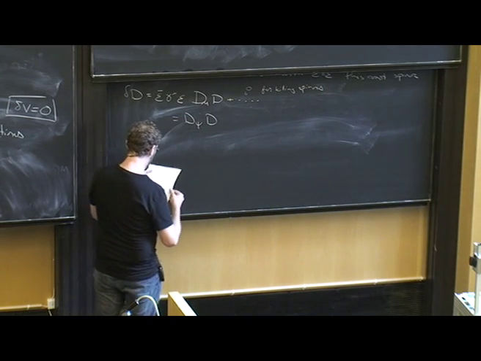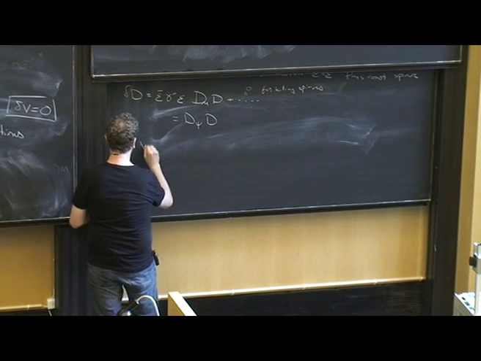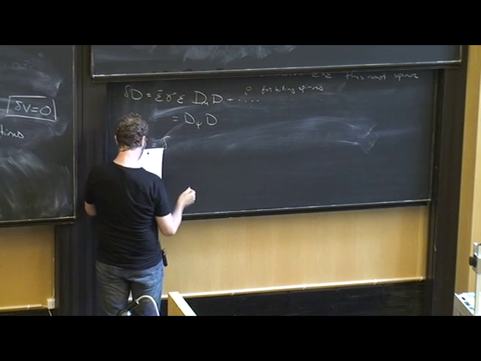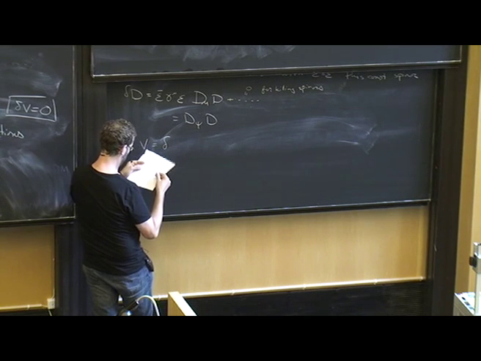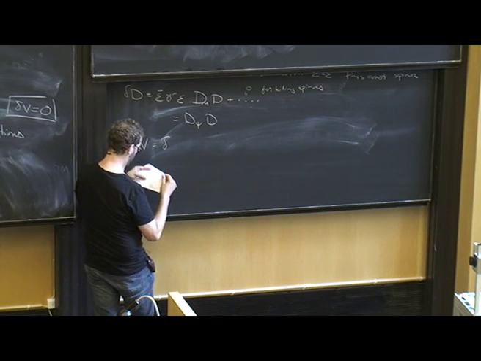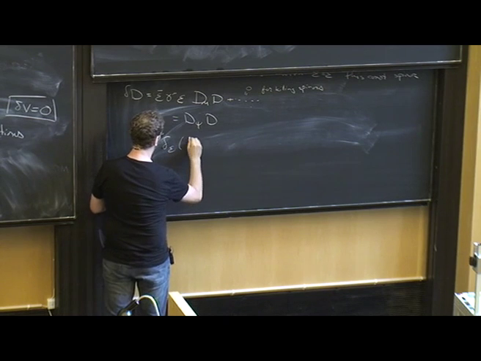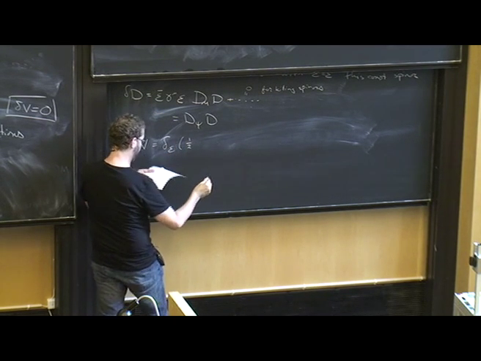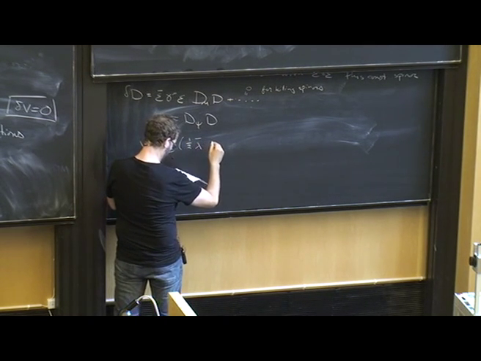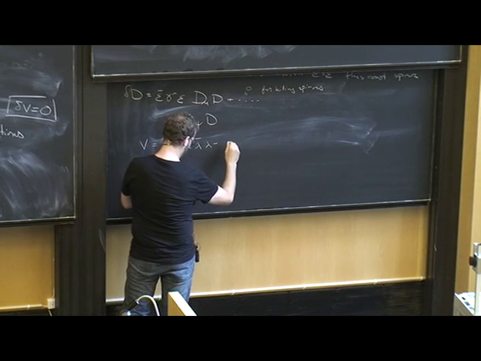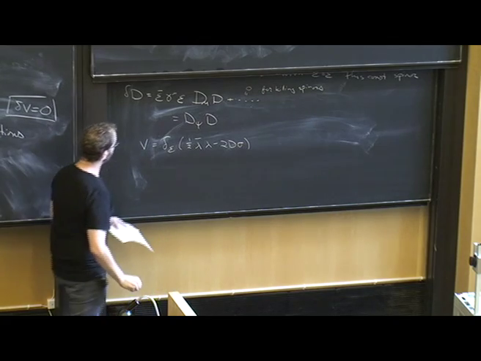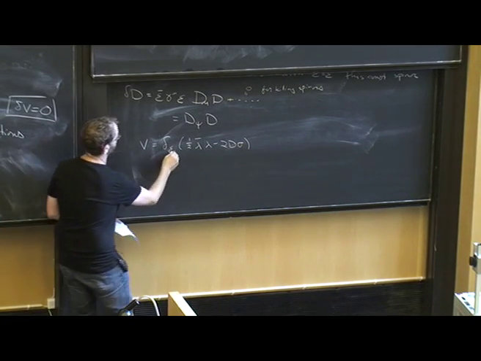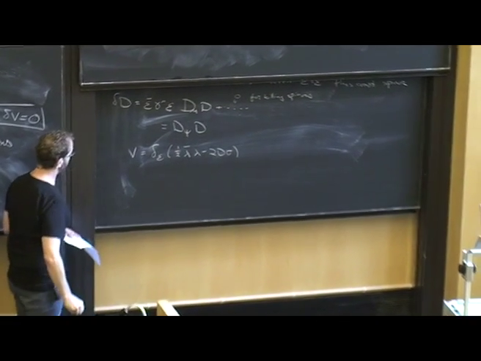So for V, I'm going to take delta epsilon of 1/2 lambda bar lambda minus 2 D sigma. So this epsilon is that particular epsilon that I chose.